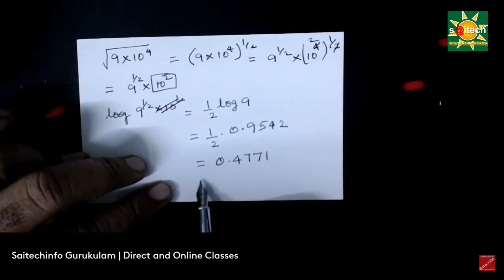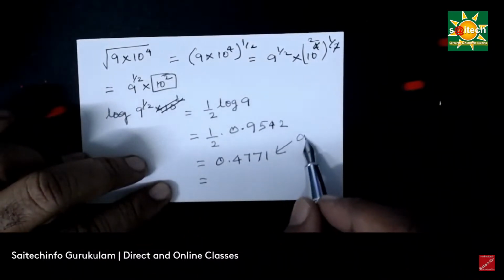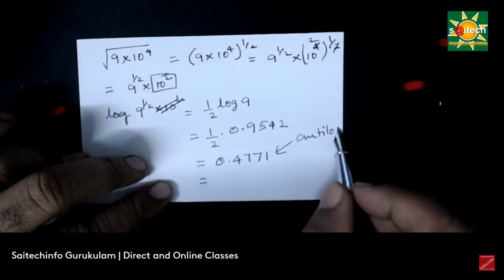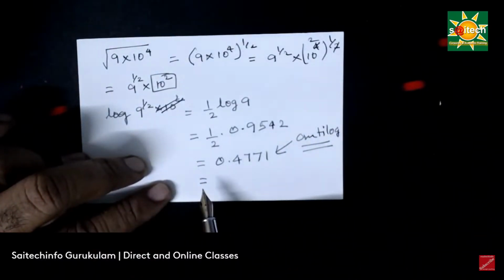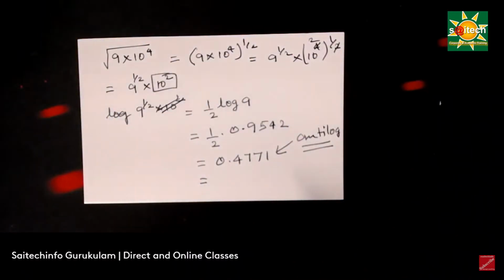Now you have to check this for antilog. So find out antilog for this. .47, you have to check in 7 and add the mean difference 1.